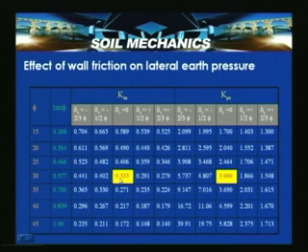For example, for phi equal to 30, delta A equal to 0, it is nothing but 1 minus sin 30 by 1 plus sin 30, which gives 0.333. Similarly, for phi equal to 30, for KPC changing to KP, delta P equal to 0, it is nothing but 3. So, as you can see, as the wall interface friction angle varies, there is variation in these earth pressure coefficients, which are shown in this table for reference.